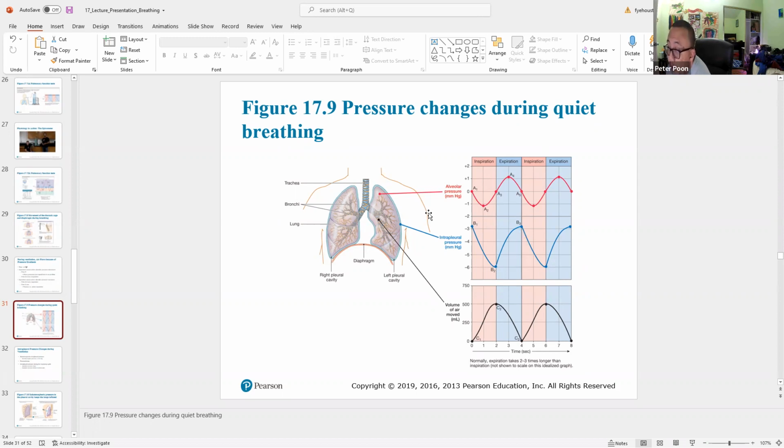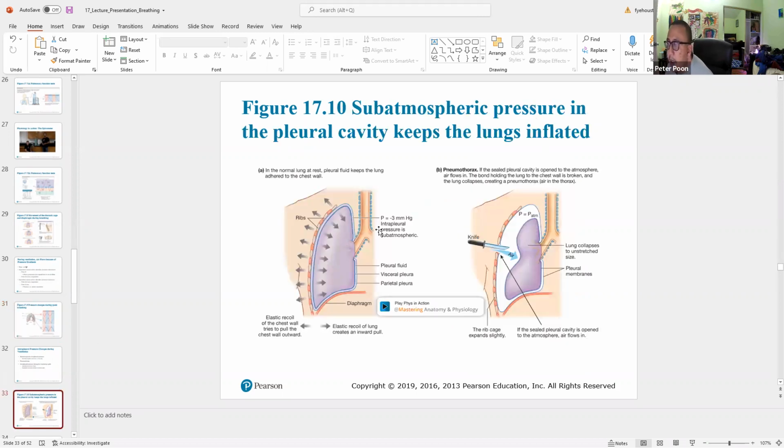What's important here is you see the interpleural pressure. The interpleural pressure is always going to be negative. The interpleural pressure always pushes, so the pleural fluid pushes against the chest wall.